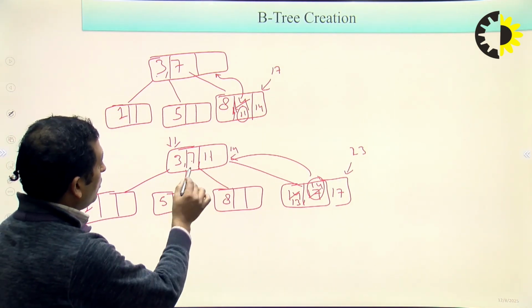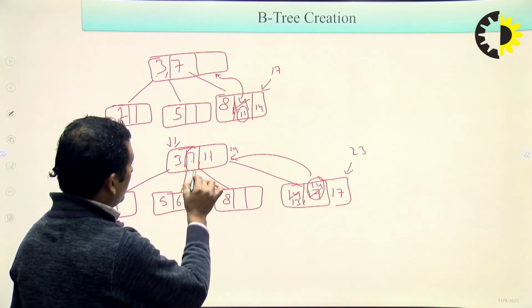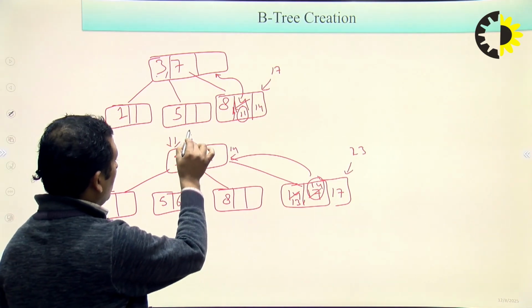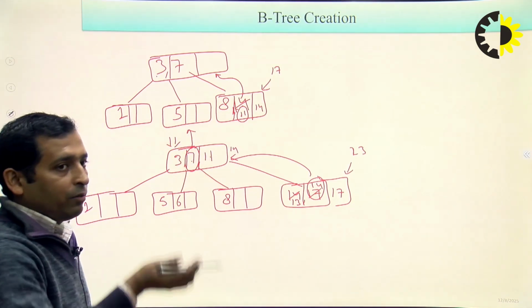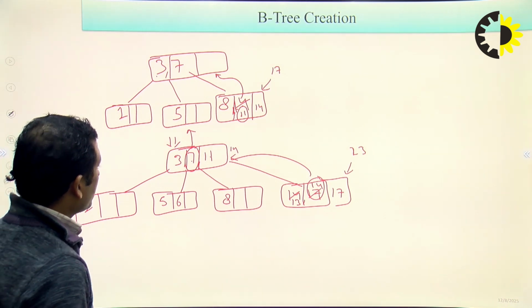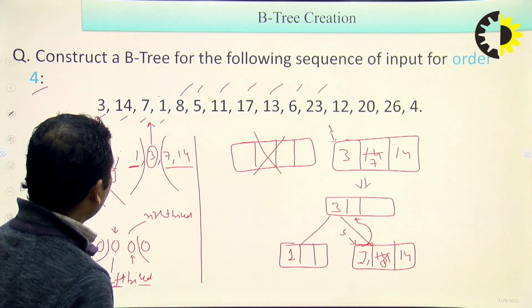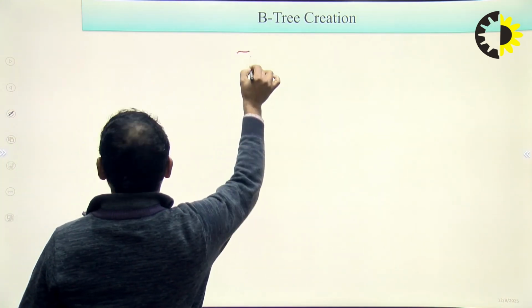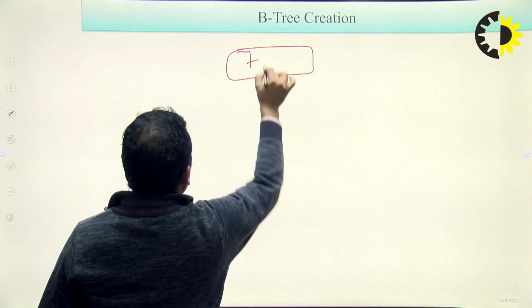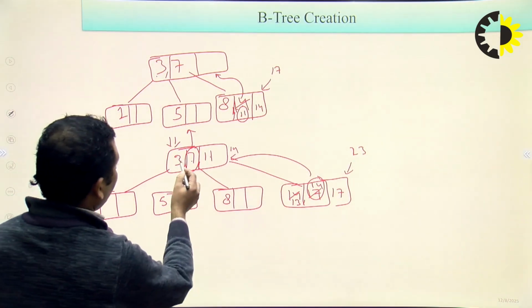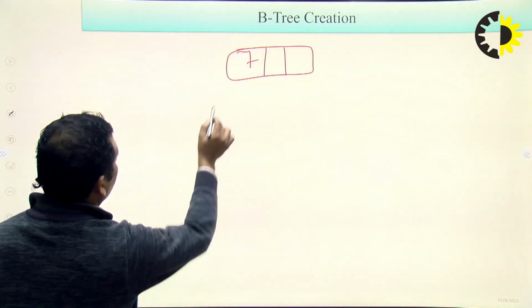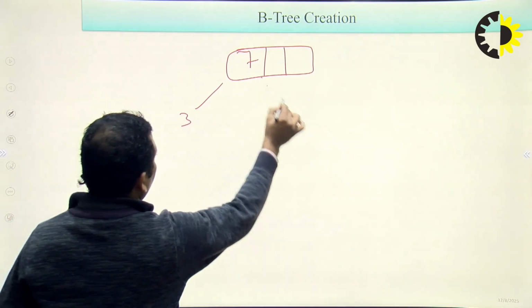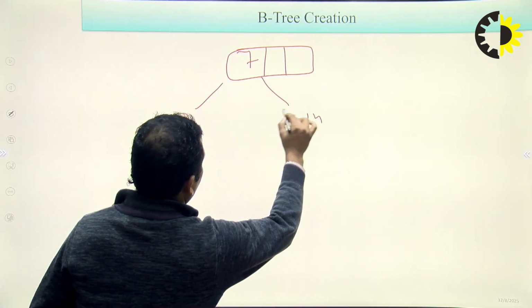Among these values, the left bias midpoint is 7, so a node will be created and the tree will grow upside. Now 7, and here 3, 11 and 14.